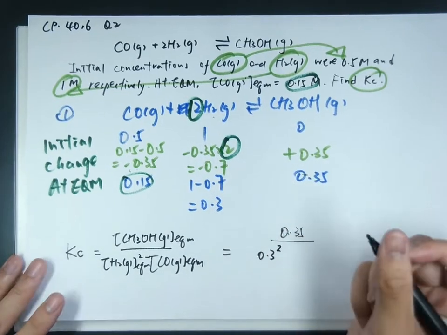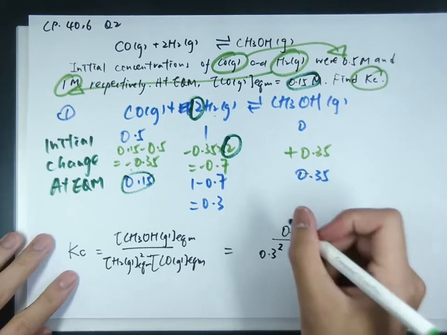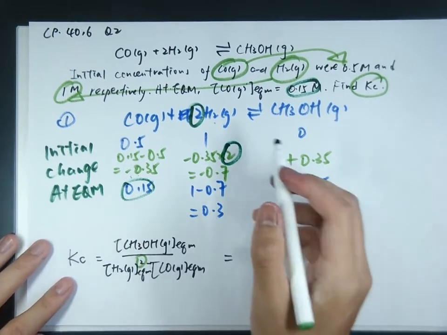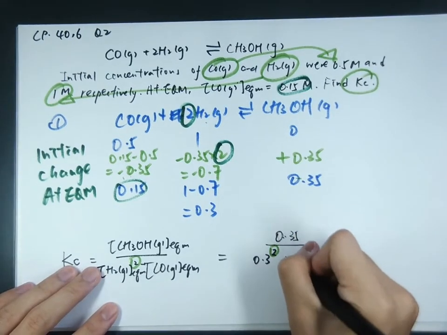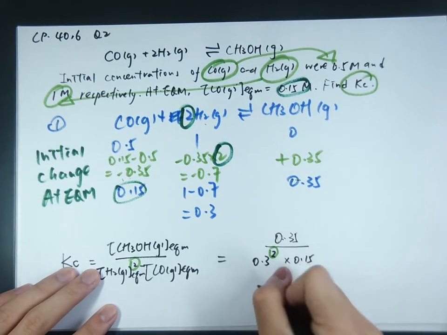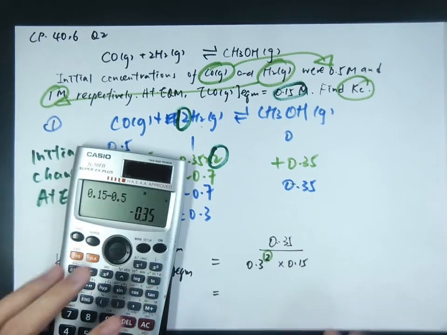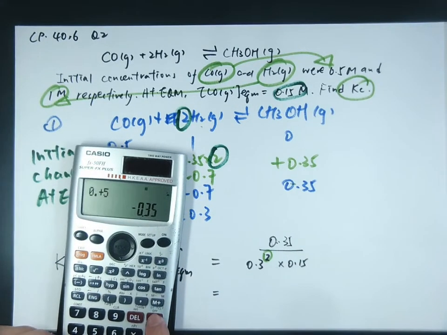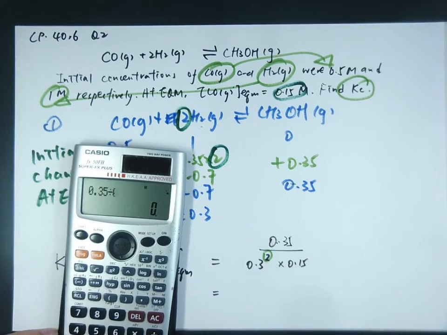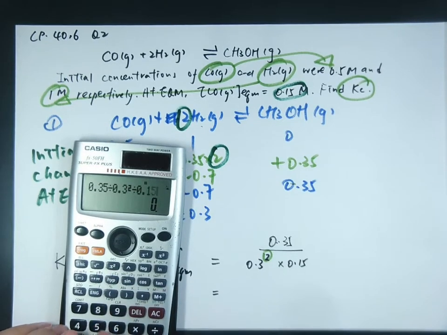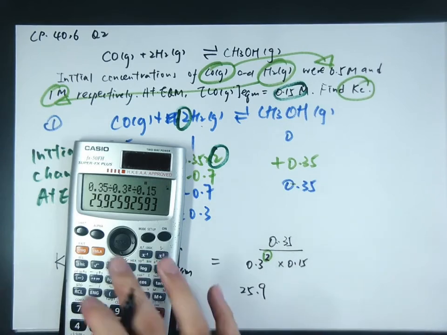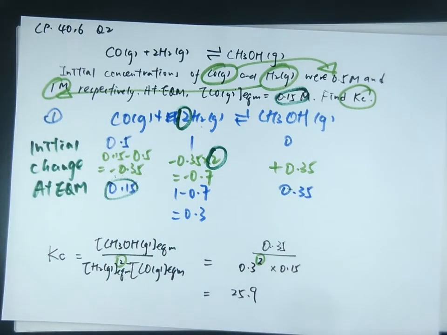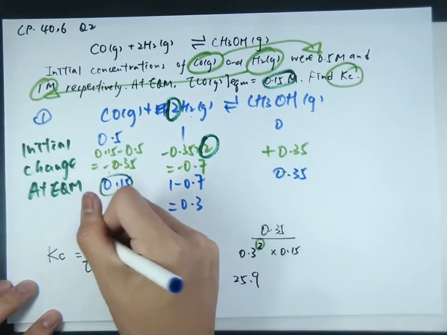Okay? This is squared, and this is 2, times 0.15, which is equal to 25.9.